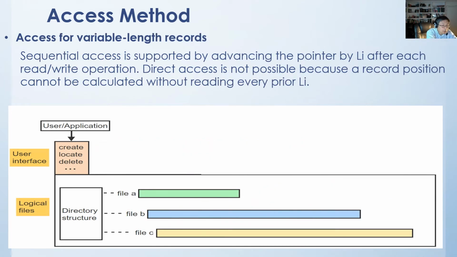So we just talked about the operating systems which support files as an unstructured string of data. We can use sequential access or just direct access, right?